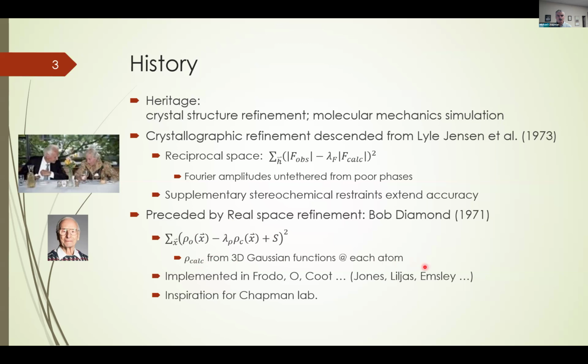Bob Diamond calculated this density here from spherical Gaussian functions placed at every atom center. And similar implementations have followed in Frodo, O, Coot, and it was Bob Diamond's work that was the inspiration for what we did in my lab.